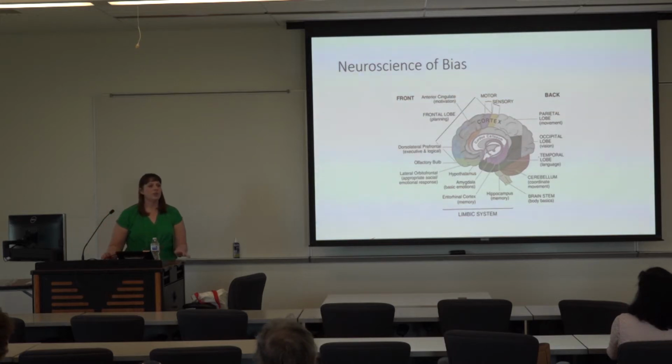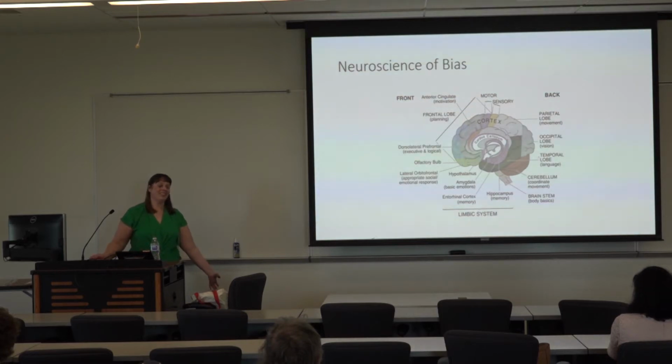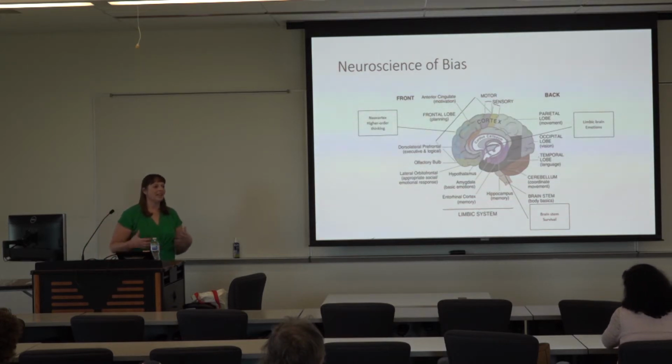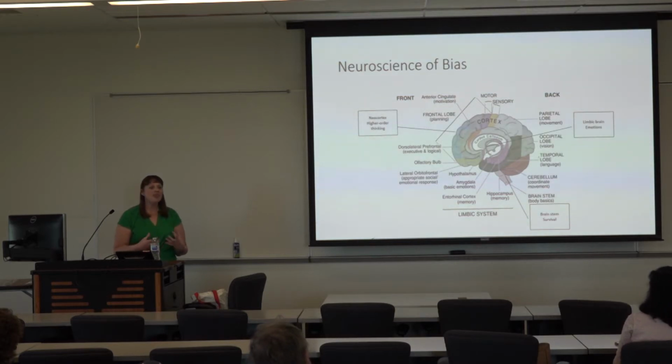So, full disclosure, I am not a neuroscientist. If any of you happen to also be a neuroscientist, this is going to be a very simplistic explanation of how this works in our brain. Our neocortex is where your higher level executive functioning, thinking, planning, and decision making occurs, and that's the conscious part of your brain. You're aware of it, you're making choices, you're thinking through processes.